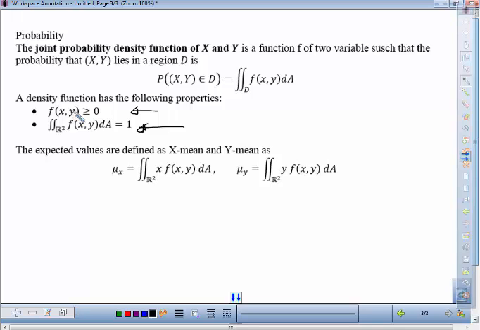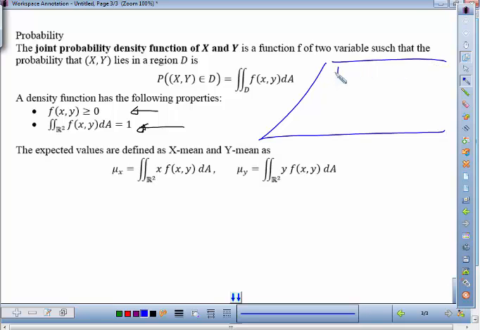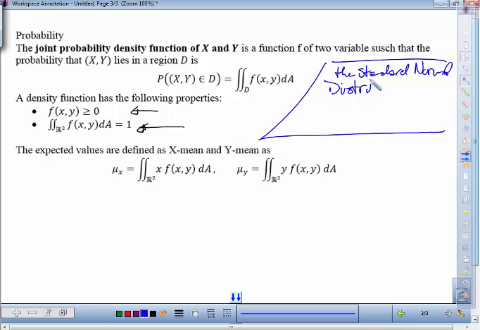How many people have studied some form of statistics where you might have talked about the bell-shaped curve? Okay. So the idea behind a normal distribution, the standard normal distribution, is a bell-shaped curve that goes infinitely forever, and it's some function.